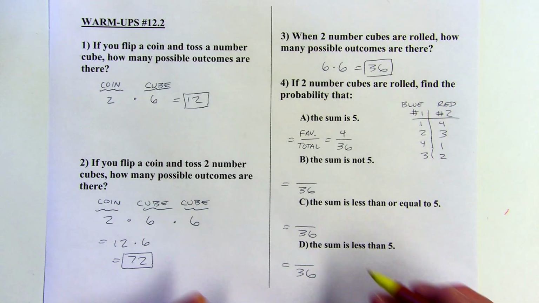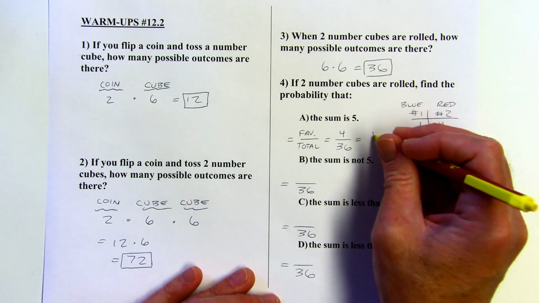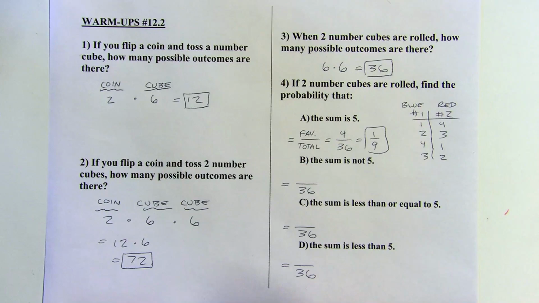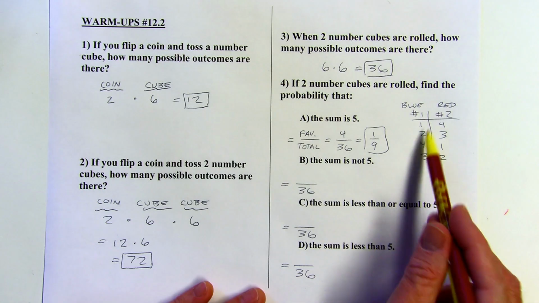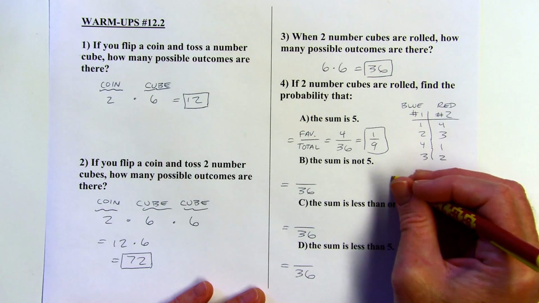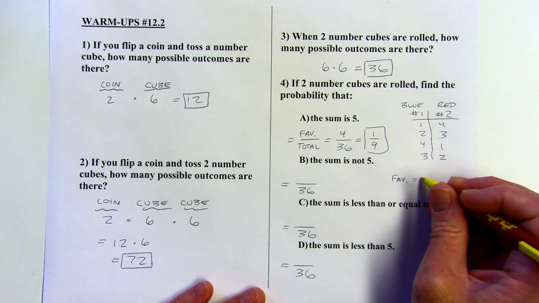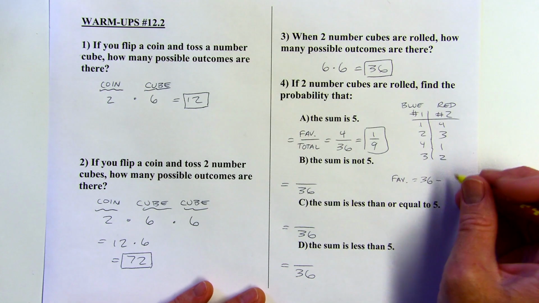So here I've got my probability, and I just want to reduce that. I can divide by 4 on top and bottom, so I'm going to get 1/9 there. Or you could also do the percentage version of that, okay? So for this next one, the sum is not 5. Well, there's 36 total things that could happen, and I just figured out that 4 of them have a sum of 5.